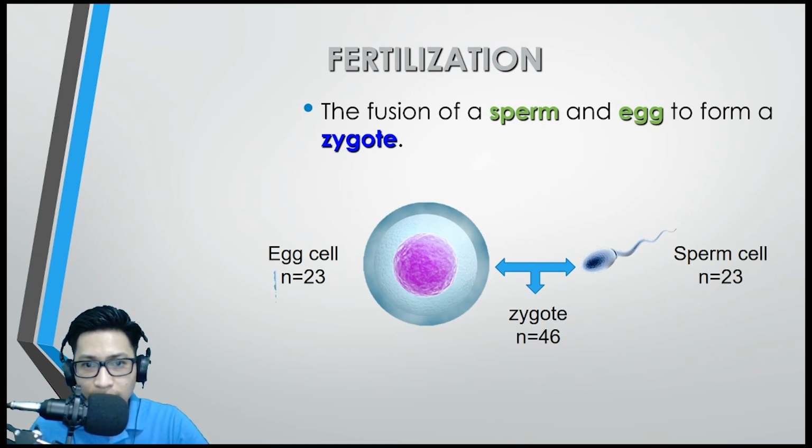Because of meiosis, the egg cell only contains 23 chromosomes in humans, and 23 chromosomes for the sperm cell. During fertilization, the two cells, the sperm and the egg, will fuse together to form a zygote containing 46 chromosomes for humans.